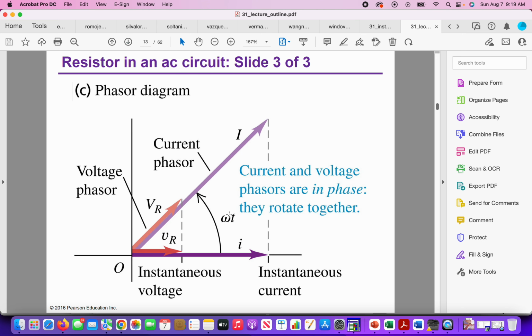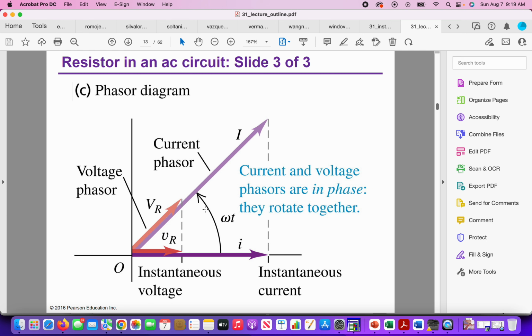Now these are the phasors that I was talking to you about. This is a phasor diagram. This is the current, and this is VR, the voltage. Of course their magnitudes depend on the value of the resistor. Look at them, they have the same angle, omega t.